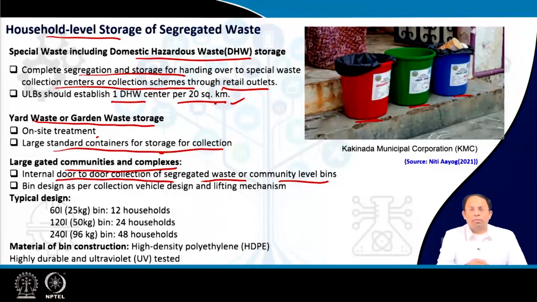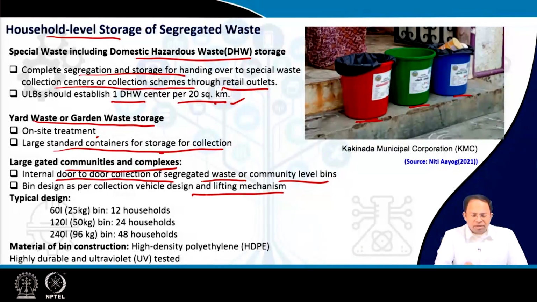And bin design: now we are dealing with not one household but many households, so the size of the bin should be large, right? Because the size is much larger, it's difficult for an individual to lift it, so it would be lifted by mechanical means. The vehicles sent by the municipal body will probably have a lifting mechanism which will lift this waste and put it inside the vehicle.